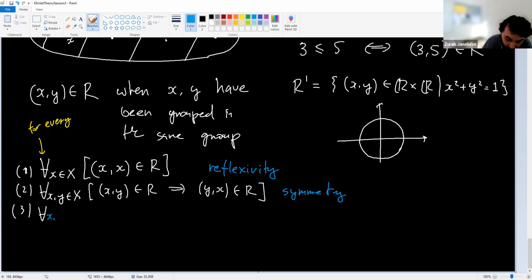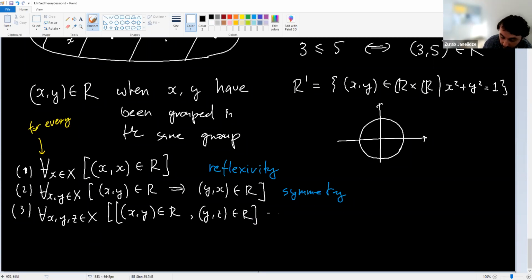And the third property says that given 3 things, if X and Y belong to the same group and Y and Z belong to the same group, then X and Z must belong to the same group. And again, this is quite obvious, right?